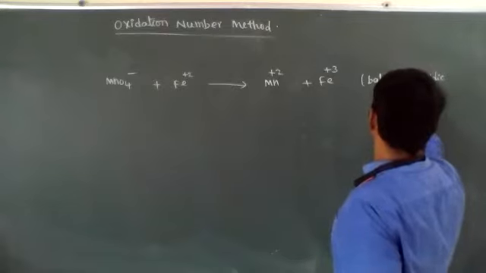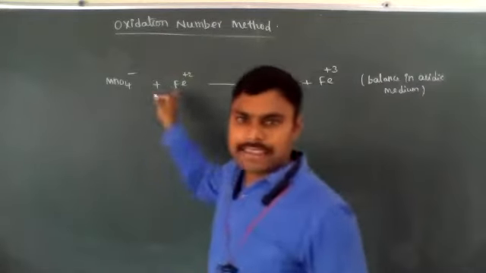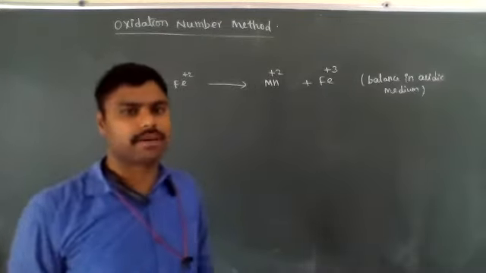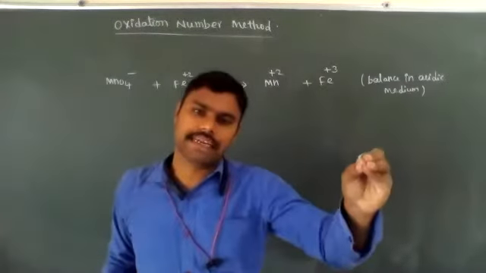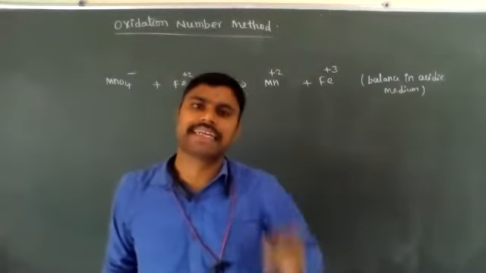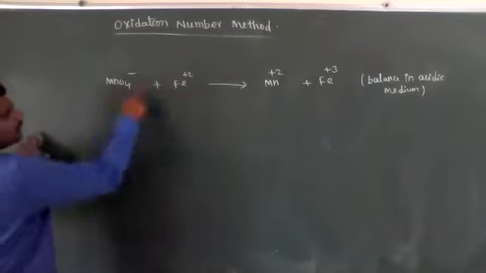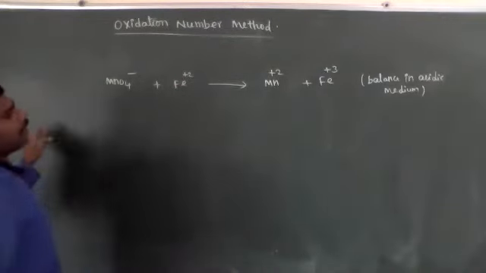In acidic medium, I have to balance this equation by using the oxidation number method. In the oxidation number method, if any equation is given, first we have to write the skeleton equation. See, this is the skeleton equation.